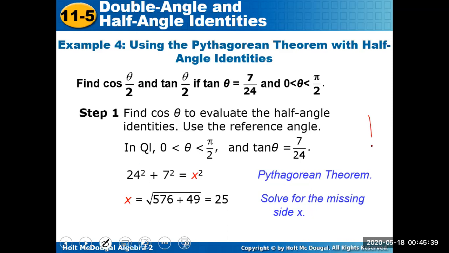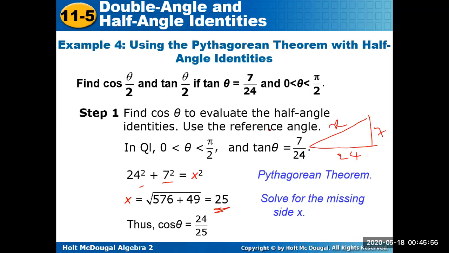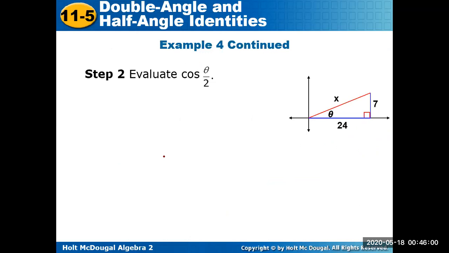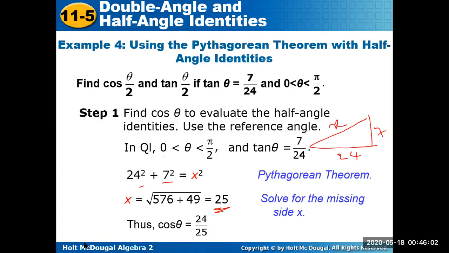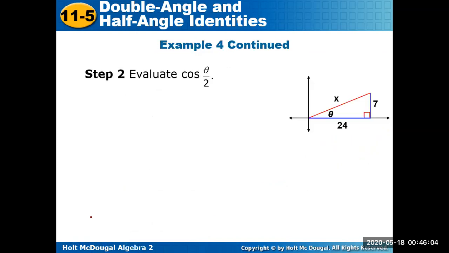Let's draw the triangle. So 24, and then there is 7, and this is your x. So x squared is equal to 24 squared plus 7 squared. x is 25. After that, once you have the value for cosine theta, you can easily evaluate cosine theta over 2.